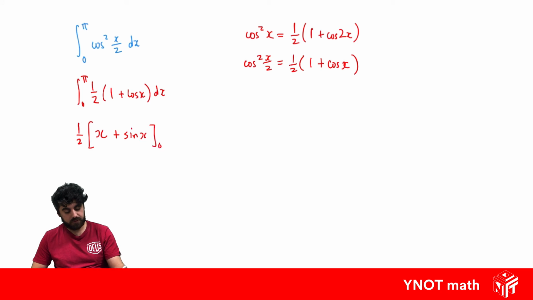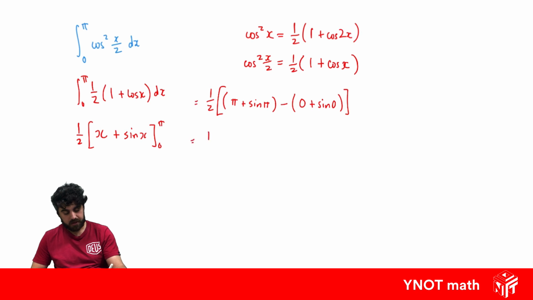And we have from 0 to pi, so we have a definite integral this time. Then we're going to start subbing in. So we're going to have a half outside of sub in pi for x, so pi plus sine pi, minus, now sub in 0, 0 plus sine 0.